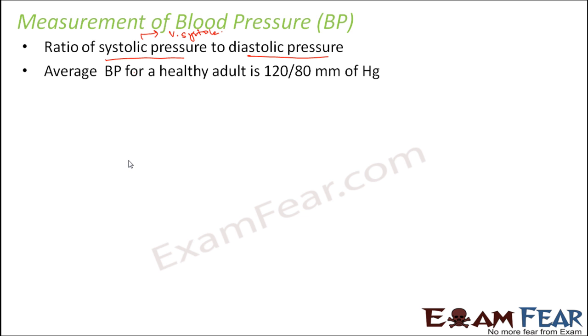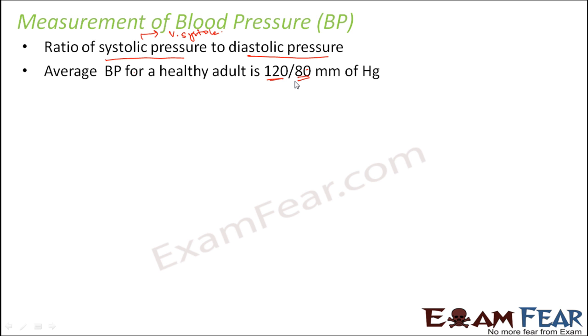Now the average blood pressure for a healthy adult is 120 by 80 millimeters of mercury. What is this 120? 120 mm of mercury is the pressure under which blood comes out of the ventricles, and 80 is the diastolic pressure, that is the pressure which remains with the ventricles when they start to relax.